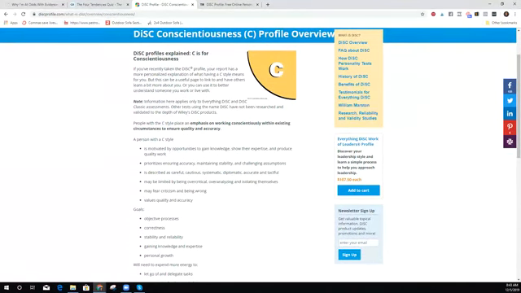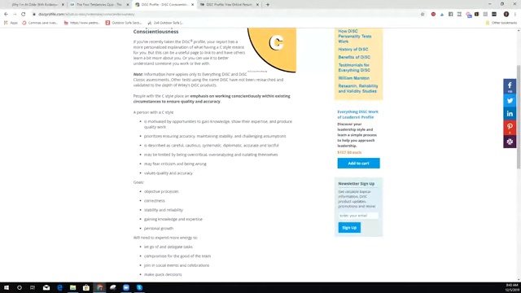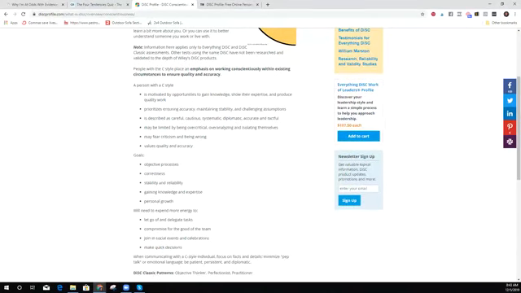So I do want to point this out as well, because it is possible to be process oriented and also challenge things, where an S is more likely to try to maintain the status quo. If you're a C, you tend to be more challenging assumptions. So when I was in the schools, I was always trying new things with my schedule, coming up with new initiatives and implementing them, because I liked to poke holes in things to see what could be done to make things better.